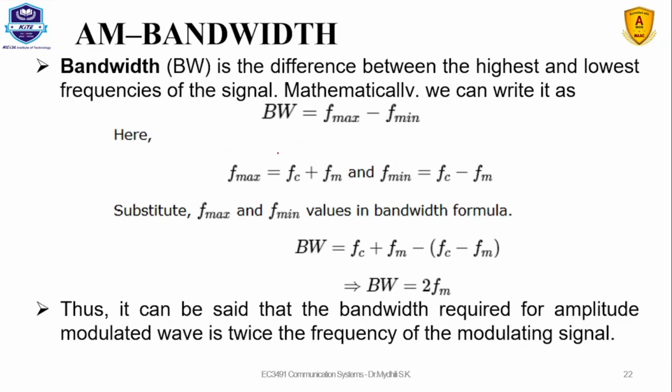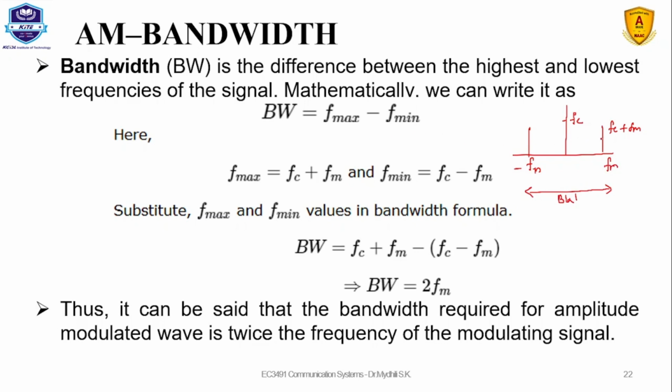Now coming to the bandwidth calculation. As we have seen with respect to the spectrum, as I have shown here, with respect to Fc, it can be Fc plus Fm on one side and Fc minus Fm on the other. Calculating this gives the bandwidth.